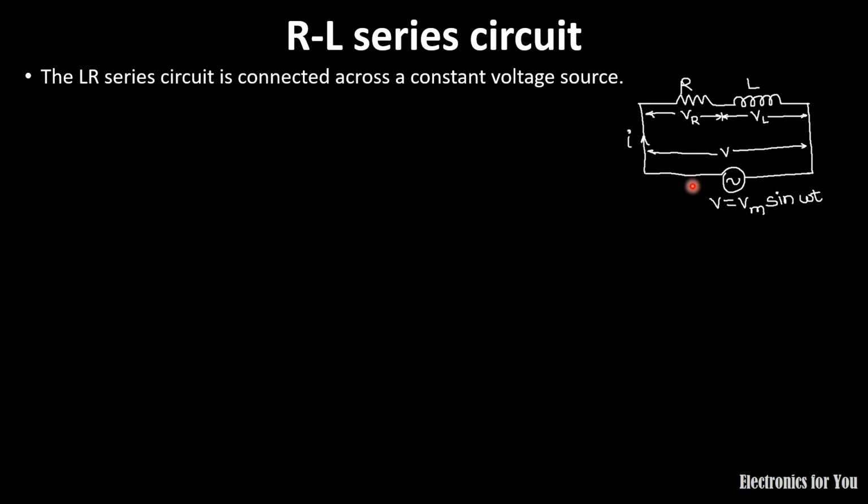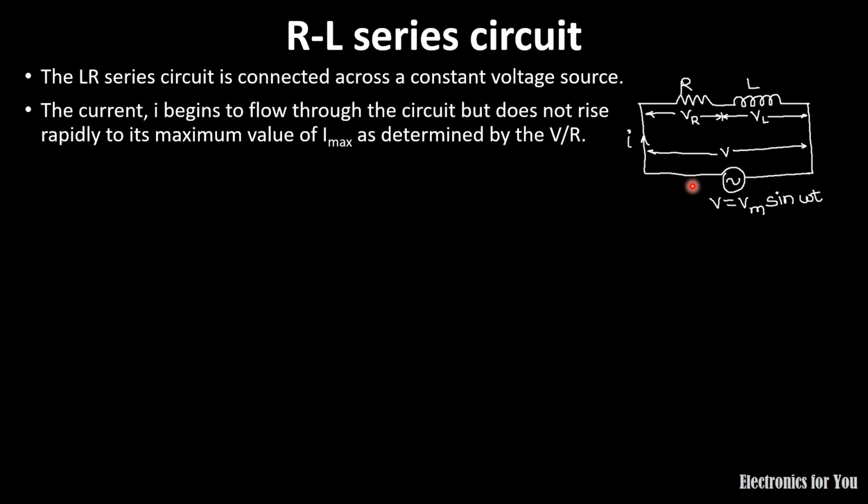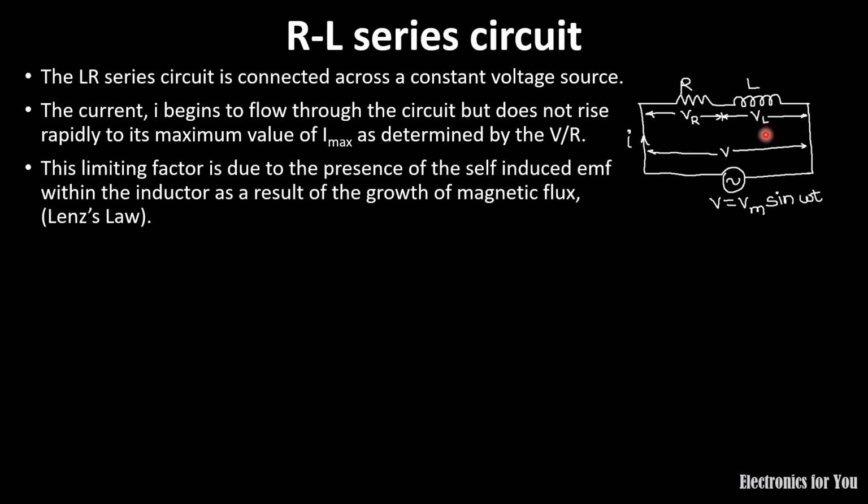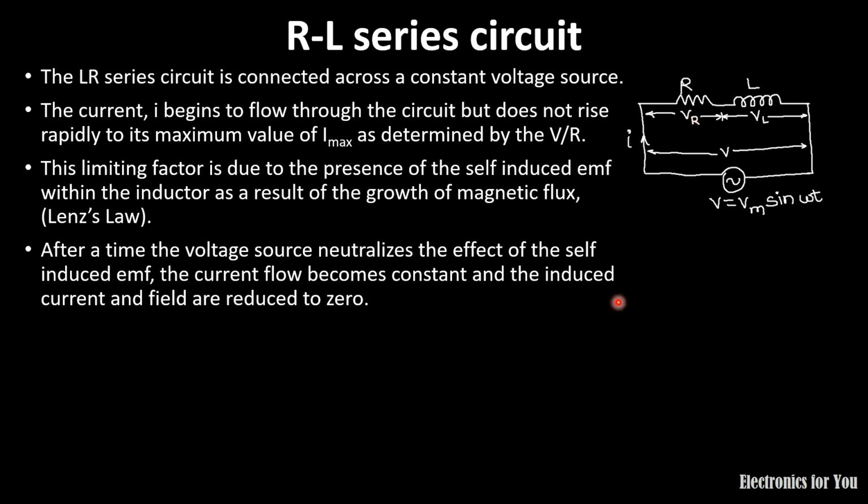If the switch is on, the current will not increase all of a sudden because of this resistance as well as this inductance, because in an inductor the current lags the voltage by 90 degrees. But here, as this is an LR circuit, some change will be there. If we apply KVL, that is, the sum of EMF is equal to the sum of potential drops, then V equals VR plus VL, that is the voltage across the resistance plus the voltage across the inductor.